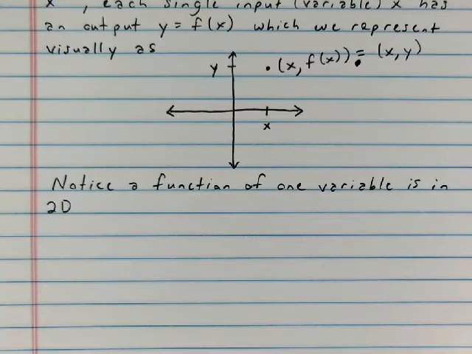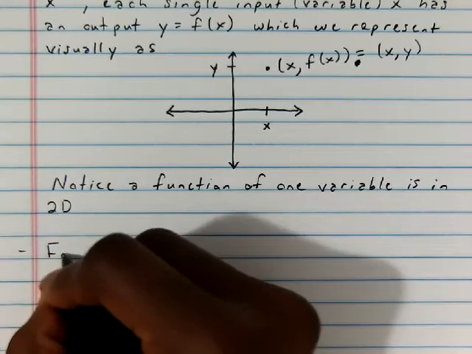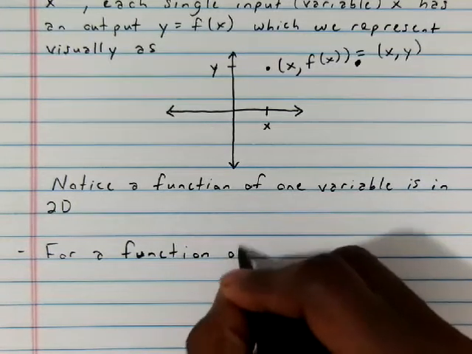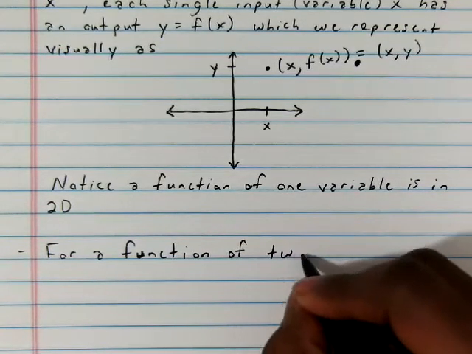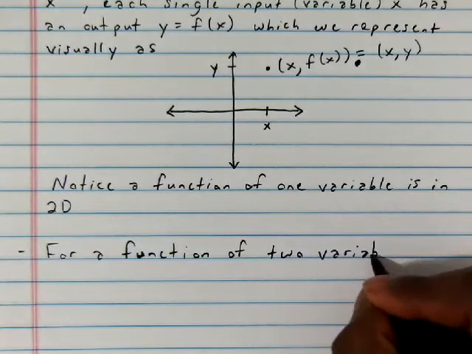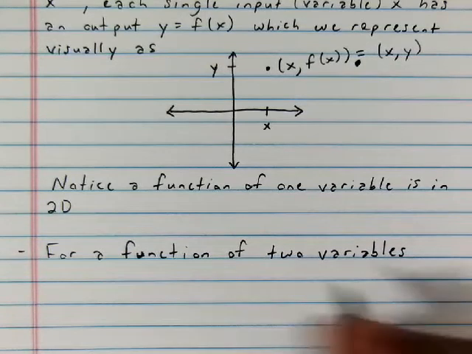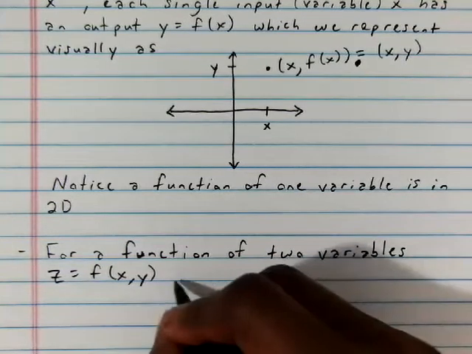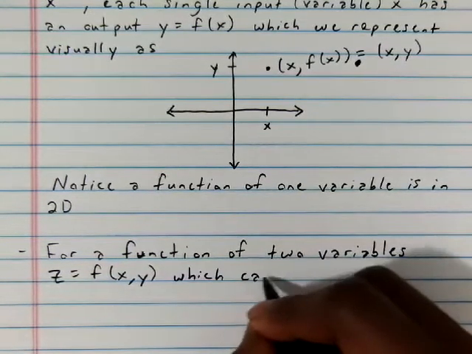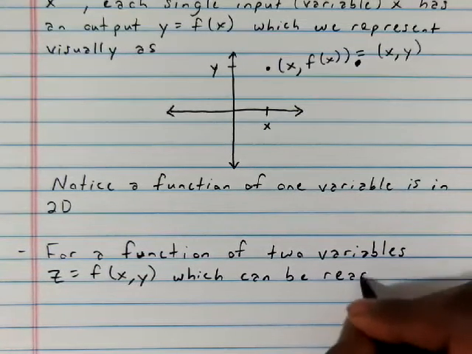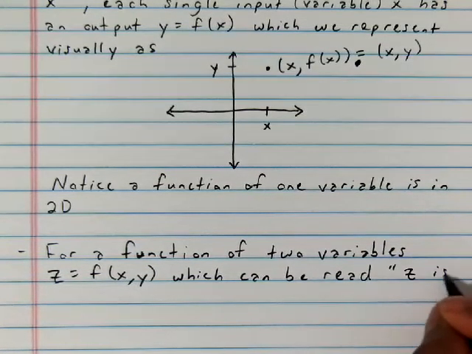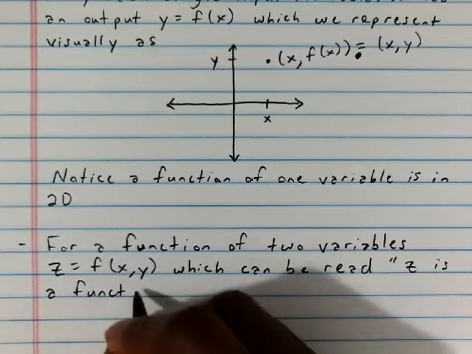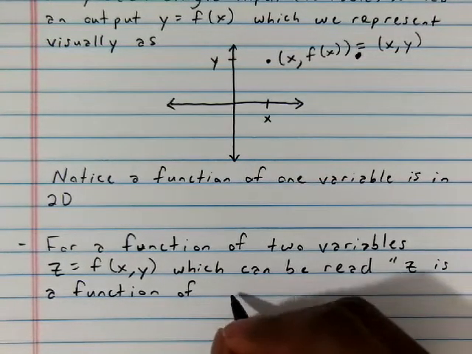So now if we switch gears for a function of 2 variables, z equals f of x, y, which can be read z is a function of x and y.